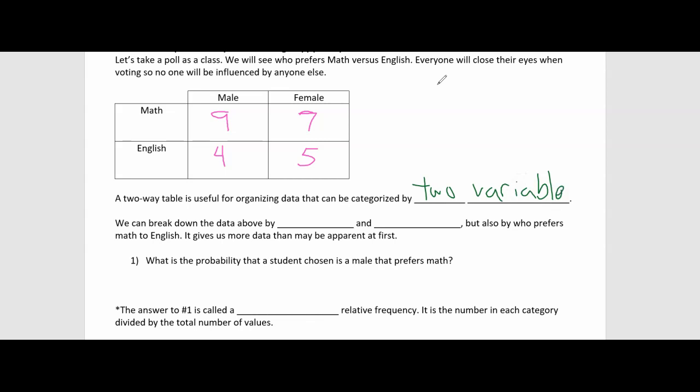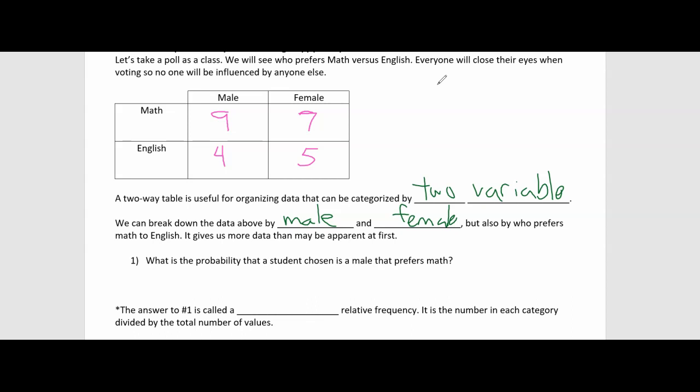Here we're comparing both the sex of the student and the subject that they prefer. So we're breaking it down by male and female, but also by who prefers math to English. This is actually going to give us more data than may seem apparent at first. There are a lot of different comparisons we can make here, and we'll break down what some of those are.